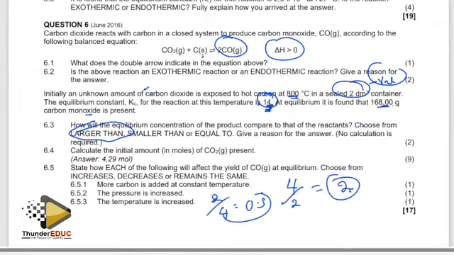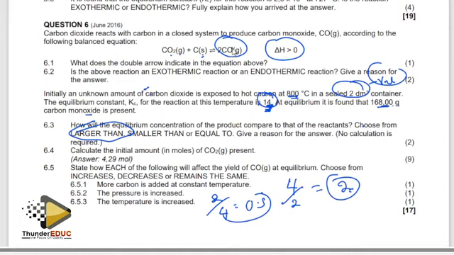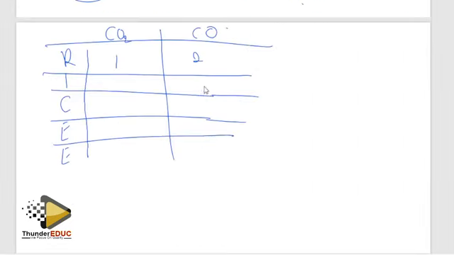Then we go to the mole ratio. Carbon dioxide is 1, and carbon monoxide is 2. You see? So now we are covered with that. Then we go to the initial moles. Remember, since carbon monoxide is a product, its initial is going to be 0.